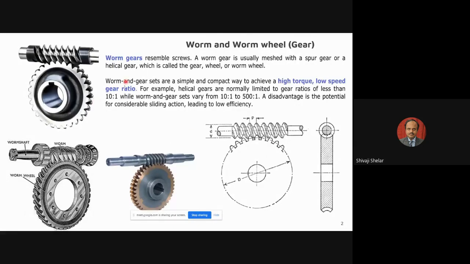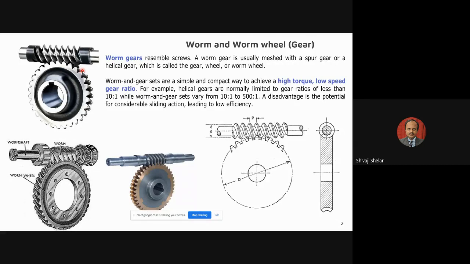So there are different types of worm and worm wheel arrangement, in which there will be single enveloping worm and worm wheel and double enveloping worm and worm wheel. Now basically where we will use this gear, that also we will learn. Basically the worm and worm wheel is used when we require a very high speed reduction ratio, of the order of even 100 or 200 or 500.